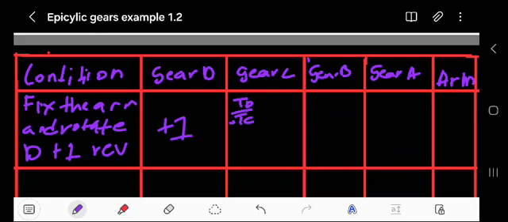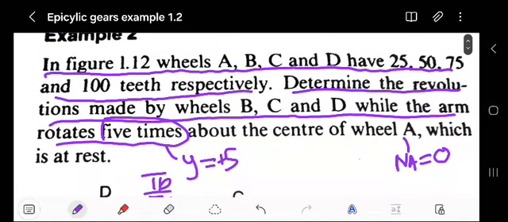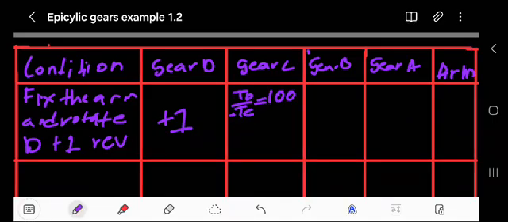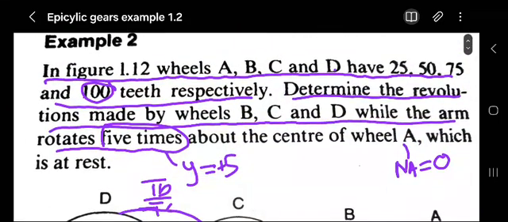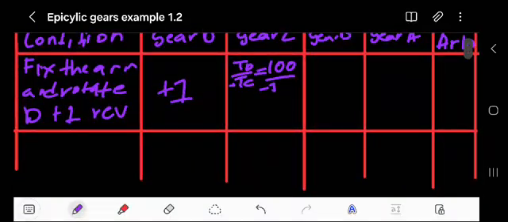The gear D has 100 teeth, so you will have 100 over negative 75, which equals -1.33.